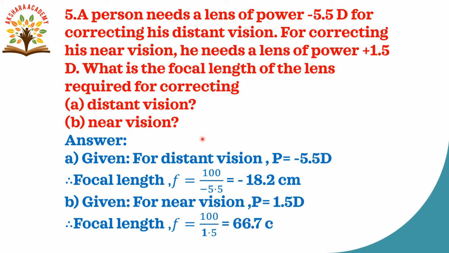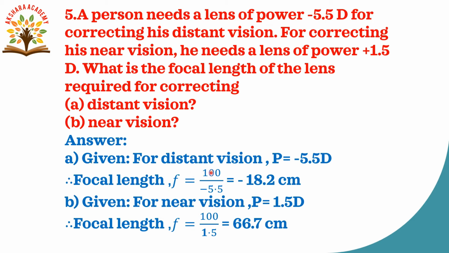See here in this question they have given that a person needs a lens of power minus 5.5 diopters for correcting his distant vision. So now let us discuss.